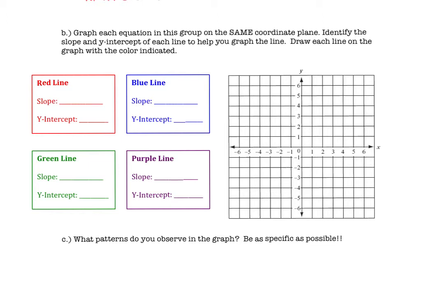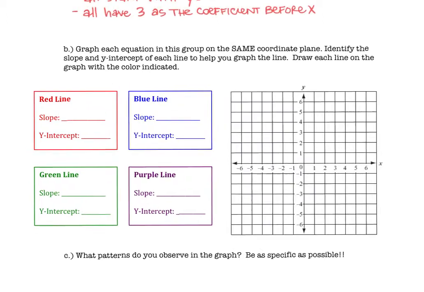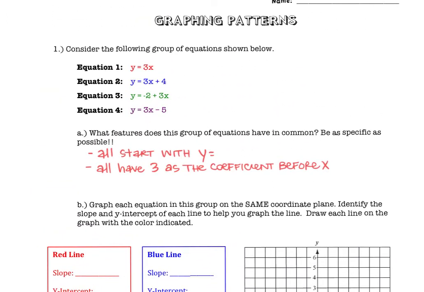All right, so as I start with the red line, that's equation 1. So I see that right here. And quick review from what we talked about the other day. Remember that the coefficient before x, the number that's before x, is the slope, and the constant is the y-intercept, because we looked at that equation, y equals mx plus b, which we're now calling slope-intercept form.